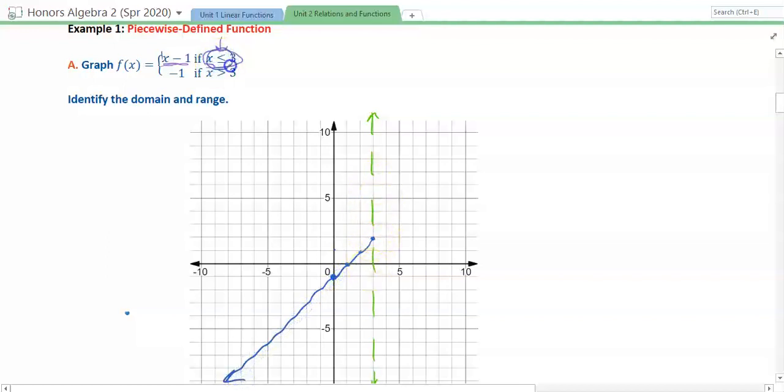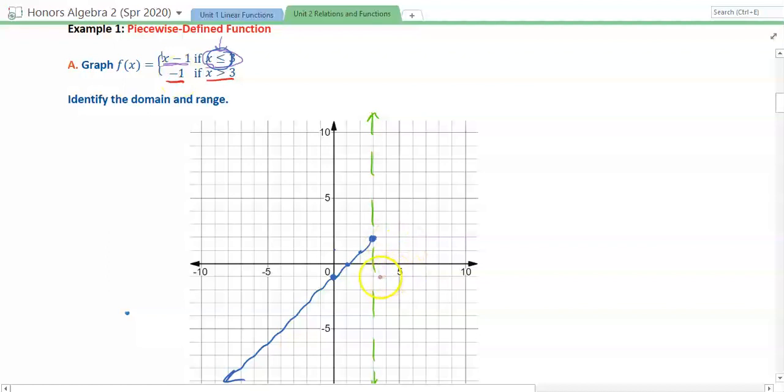Now go back to inequalities. If I'm equal to, what do I put at the end? I put a dot. If I'm not equal to, like our second piece, what do we put? We put a circle. And so our second piece looks like this. I'm going to change colors here. It's negative 1 when x is greater than 3. So x being greater than 3 would be to the right of this green line. Now, I've just got the value negative 1, which means it's a constant function, which means it's a horizontal line.